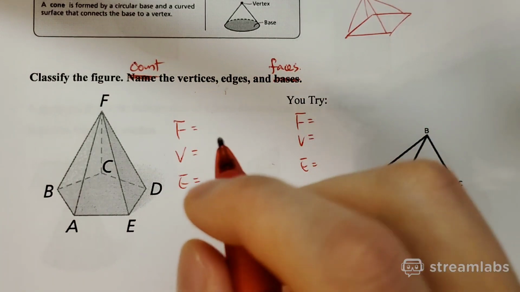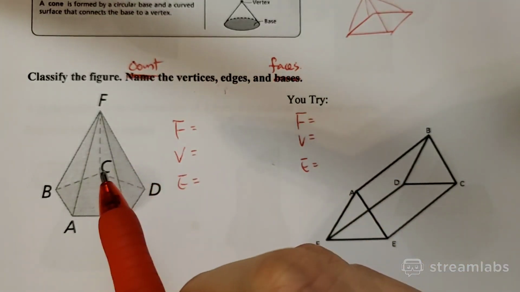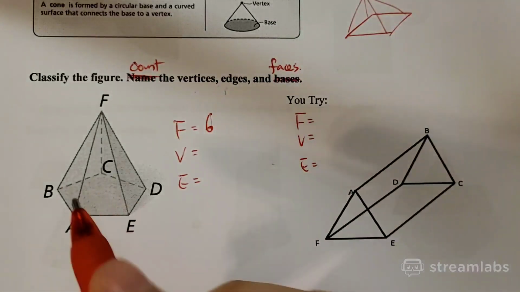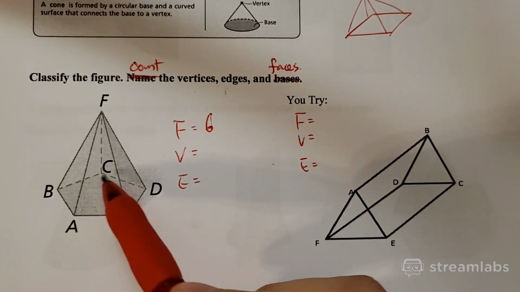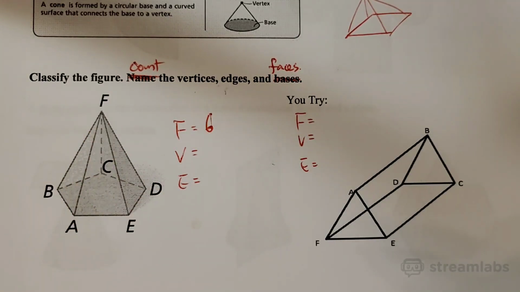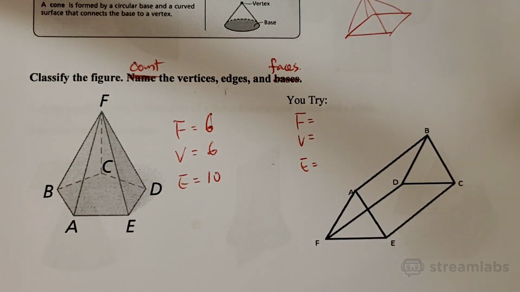I think faces should be 6, right? Because the base is a face as well, right? And then you get 1, 2, 3, 4, 5, 1 per each side. 6, 6, 10 is right, I think. It's all good.